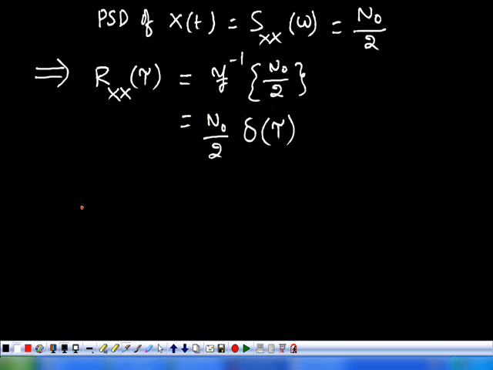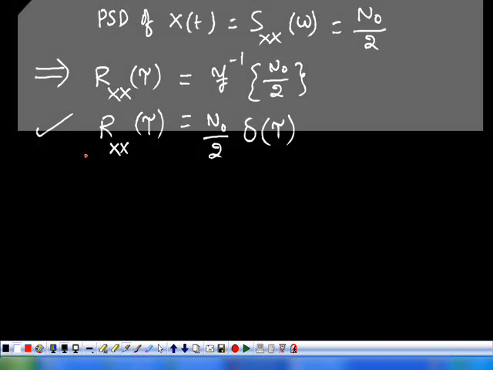So we are taking the inverse transform. The left hand side is a function of tau, so the right hand side must be a function of tau. So therefore we obtained all the three quantities: autocorrelation of the input, autocorrelation of the output, and the power spectral density of the output.